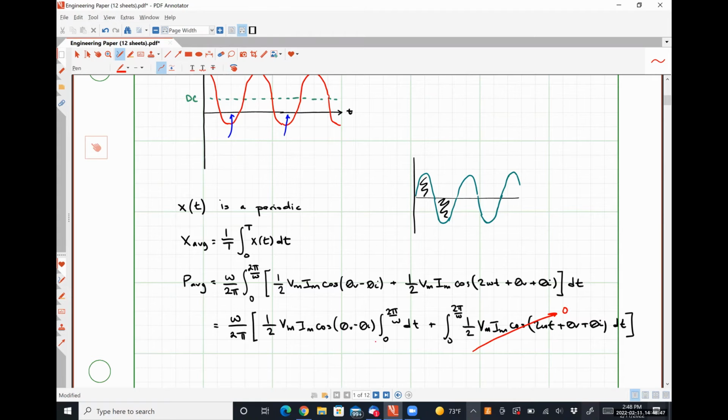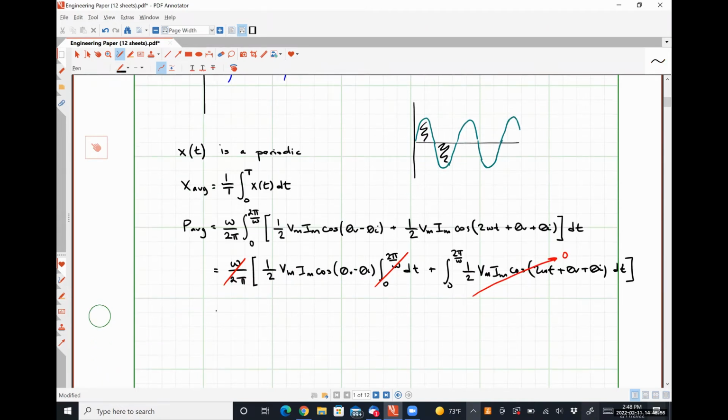So this integral cancels out this 1 over the period bit, and we're left with 1/2 Vm Im cosine(theta v minus theta I), or just the DC contribution to the instantaneous power. Okay. So the math supports our observation from the graph. Okay.